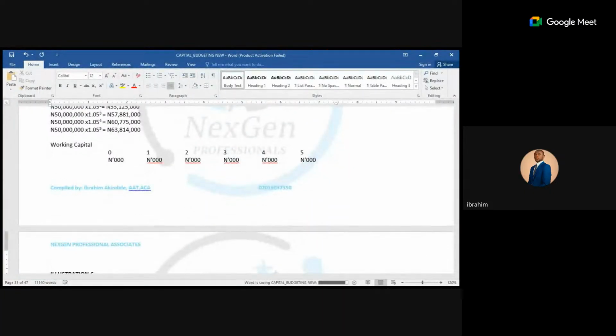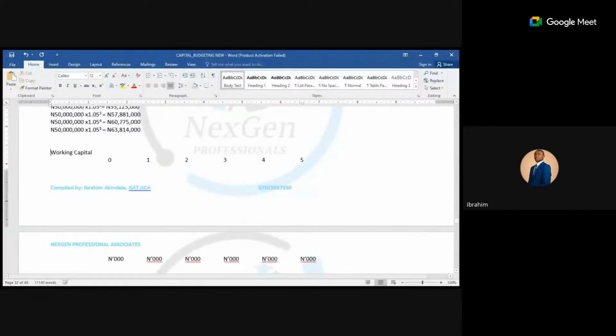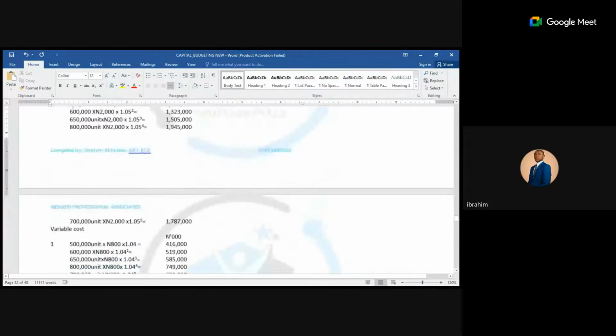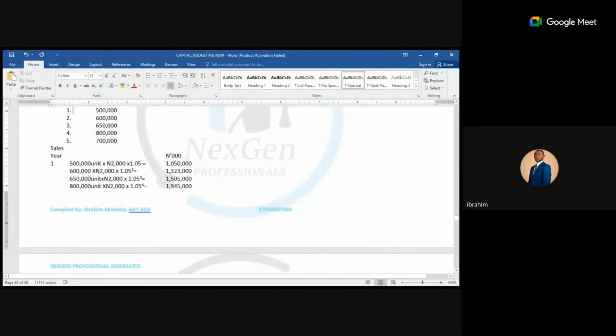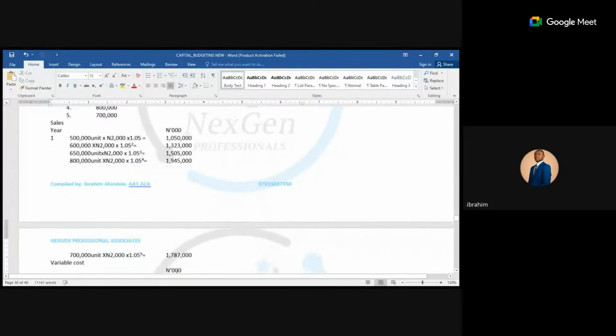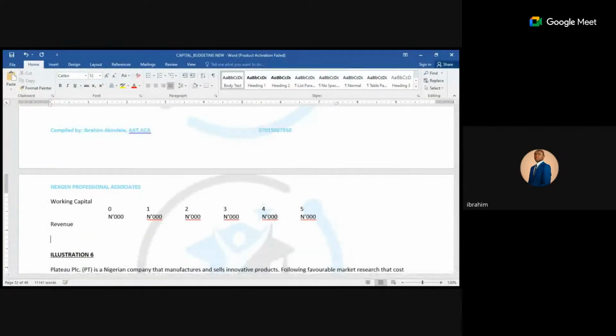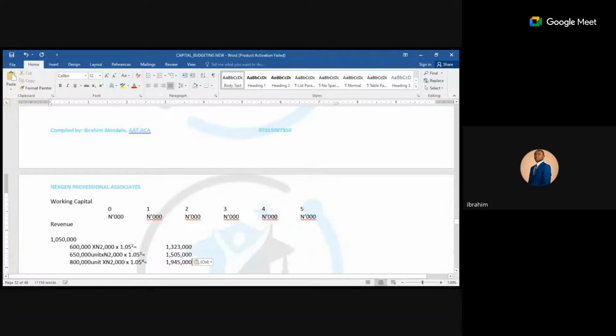So what is our working capital? What is sales or the revenue for each year? Let's quickly check. Revenue for each year, it's even up to 4. Okay, that's fine.